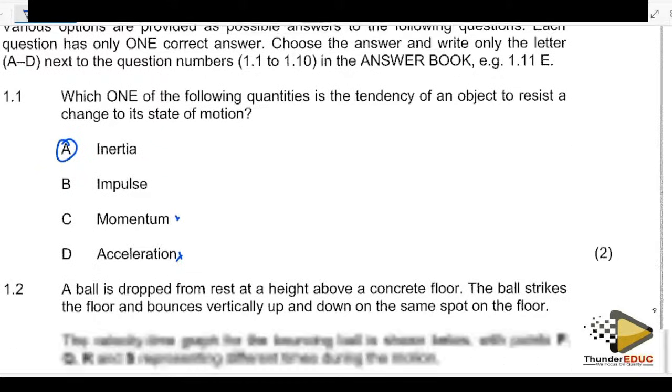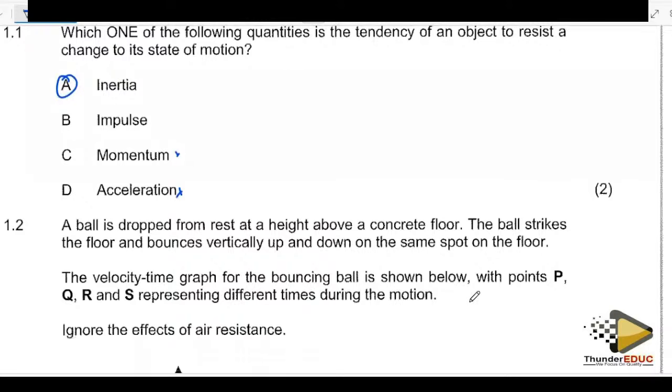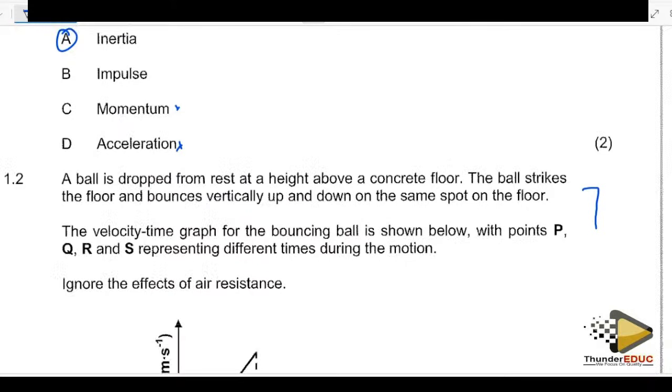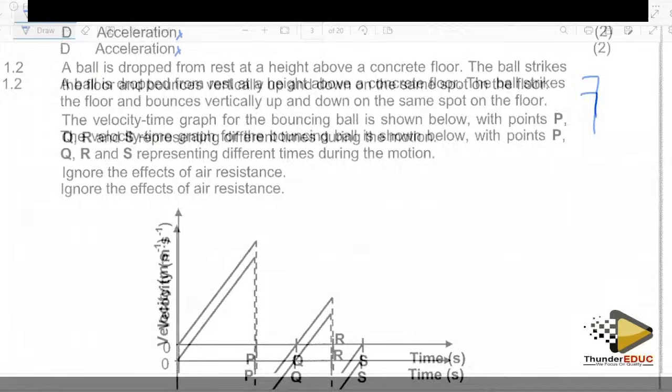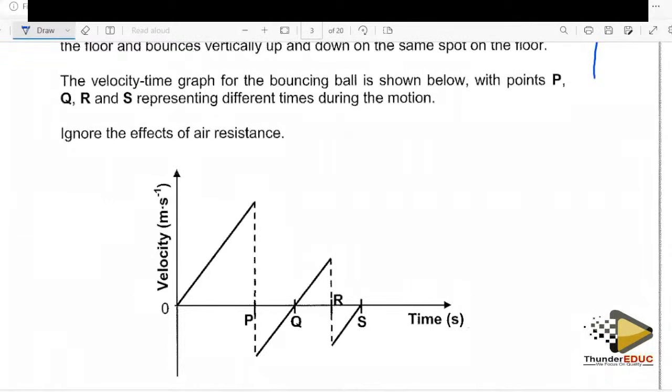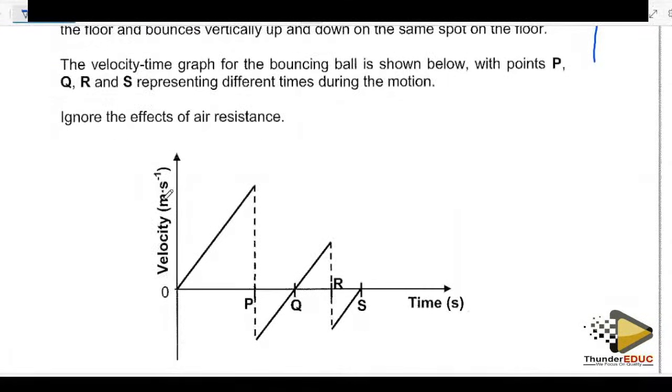Then 1.2, we have a ball that is dropped from rest at a height above the concrete floor. They're telling us that this ball strikes the floor and bounces vertically up and down on the same spot on the floor. So the velocity-time graph is being drawn for us for the bouncing ball, with the points P, Q, R, S representing different times during the motion. This point here will represent the time when the ball was just at that height.